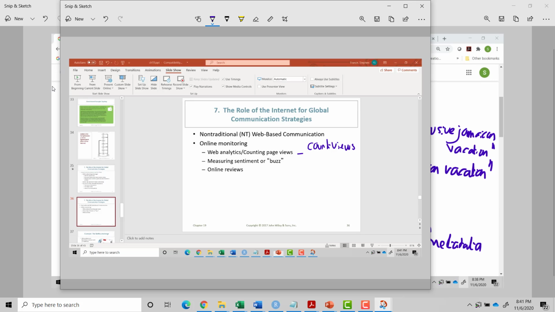We sometimes count the bounce rate, which is the number of people who jump onto my website but then say, oh, this is a terrible website, so they bounce off it. We might count conversion, the number of people who actually come to my website and buy something. So there are lots of metrics you can use. And if you have a website, there's a tool from Google called Google Analytics, which is free.